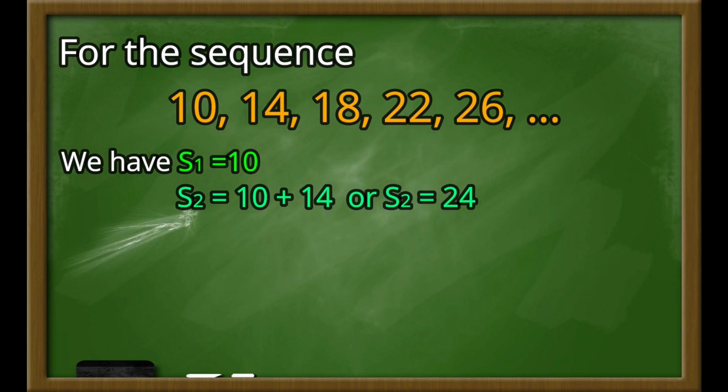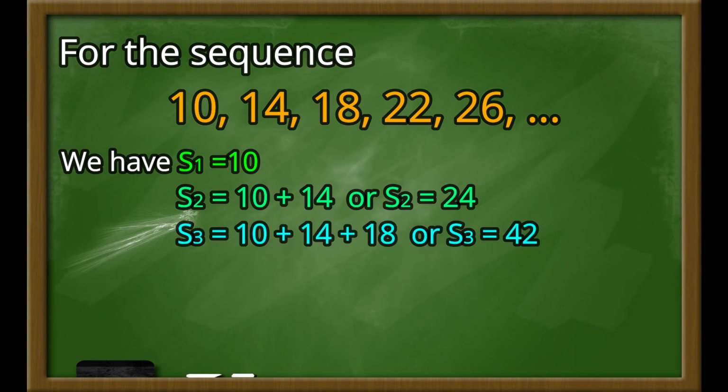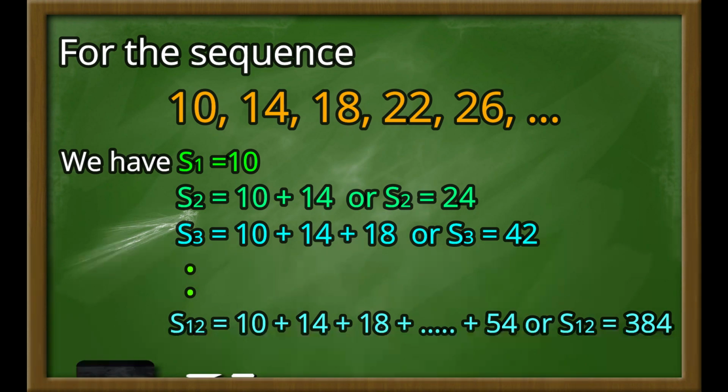The summation up to the third term, or S of 3, is equal to 10 plus 14 plus 18. I-add natin yung unang tatlong terms. Yun ang summation up to the third term, and it is equal to 42. And we all know that the summation up to the 12th term is equal to 384.